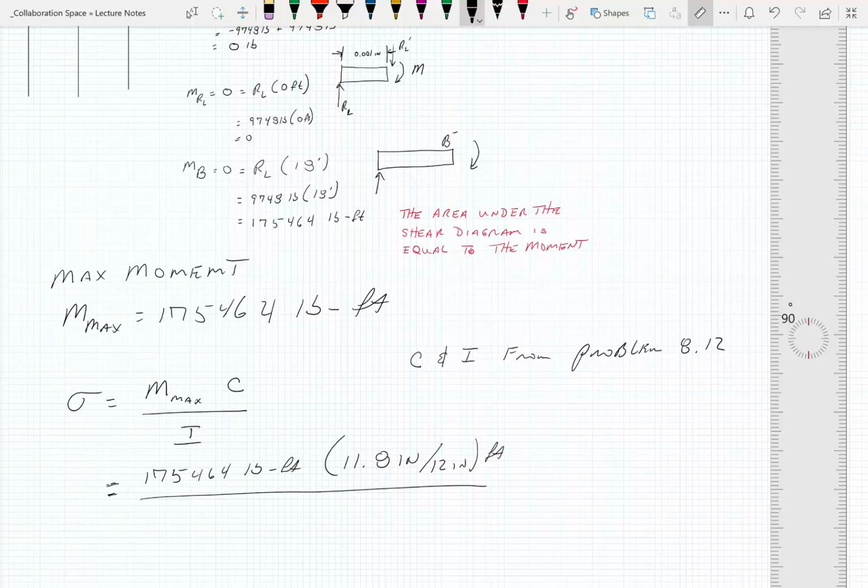What was the I? Inches to the fourth. What is 12 to the fourth? So we got to do 12 inches. 20,736, if you're asking for bulk.